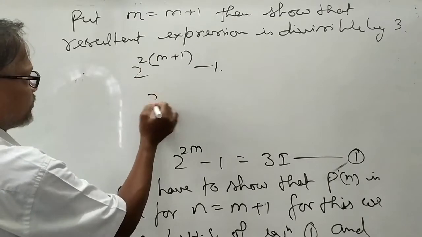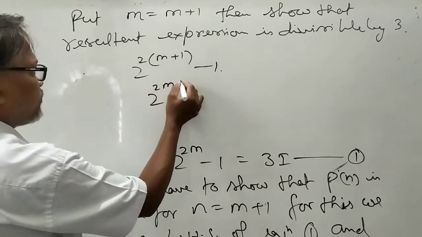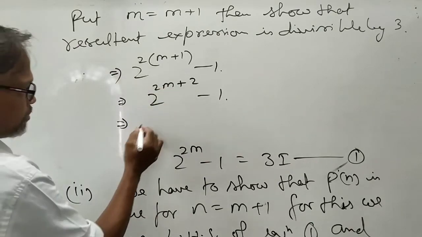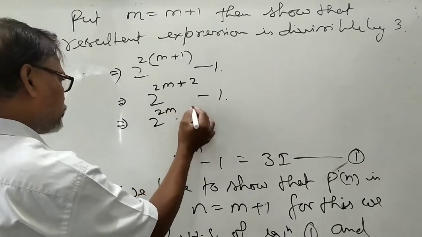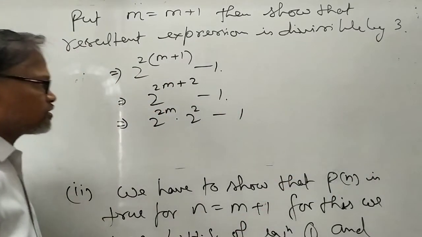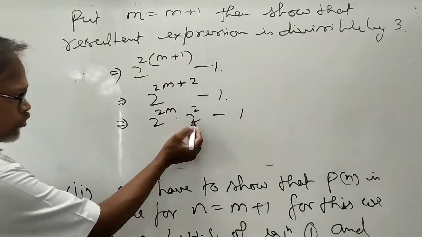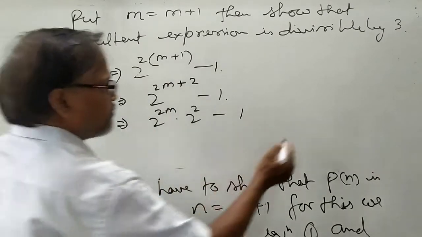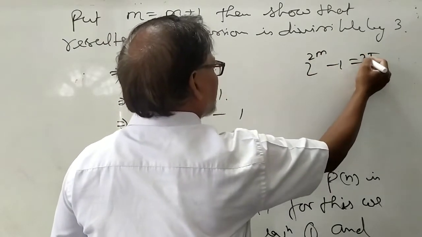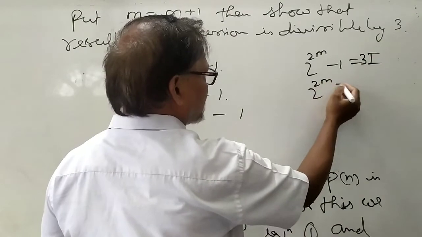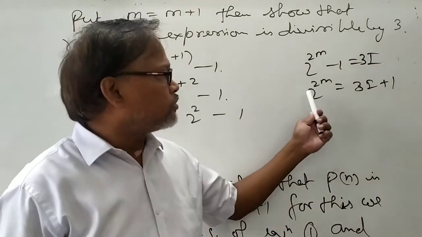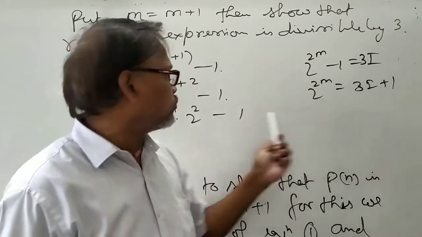Going further, multiply the 2 inside: 2 to the power 2m plus 2 minus 1. Can you write this as 2 to the power 2m into 2 to the power 2 minus 1, and after getting this, can you write this as 4 into 2 to the power 2m, and the relation 1 was 2 to the power 2m is equal to 3i, so we can write 3i plus 1 in place of 2 to the power 2m here.